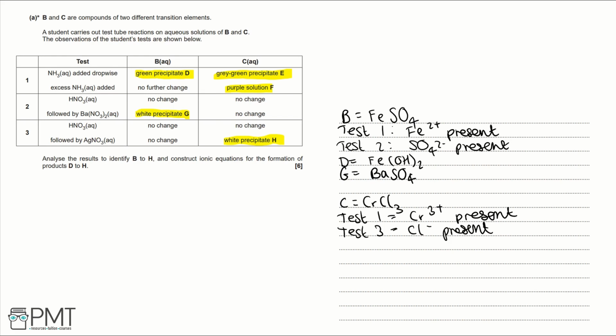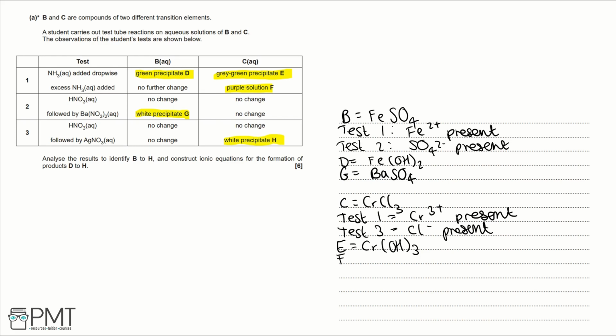So looking at E first, similar to looking at B, we have Cr(OH)3. So rather than 2 OH, because in iron we've got this 2+ charge, so we need 2 OH minuses. In chromium we have this 3+ charge, so we need 3 OH minuses to balance this.